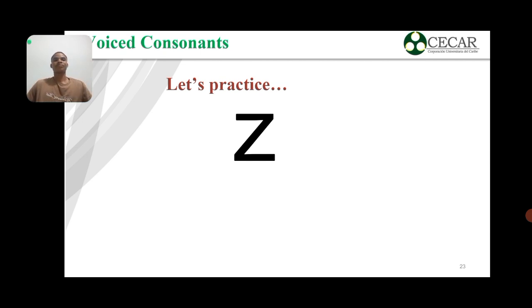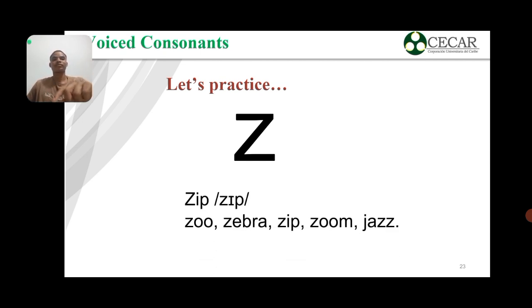Let's continue. This consonant is the letter Z. It is pronounced like this: z, z, z. Let's pronounce the next words. Zip, zoo, zebra, zoom, jazz.